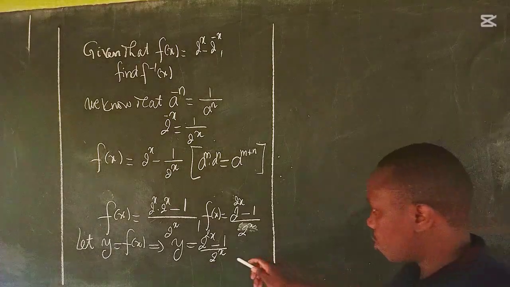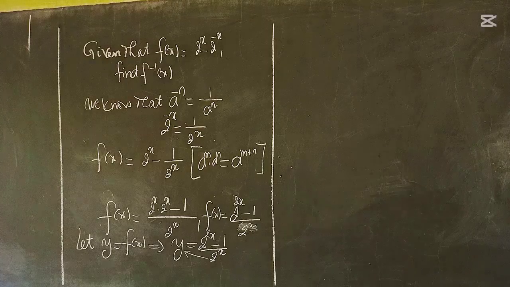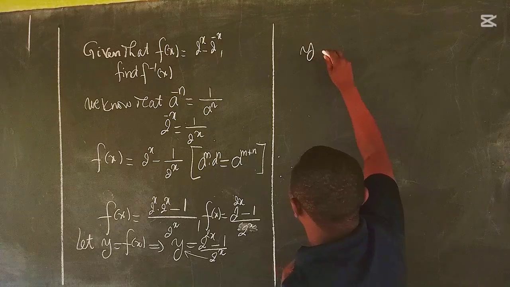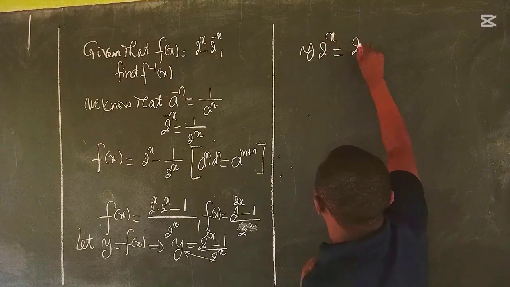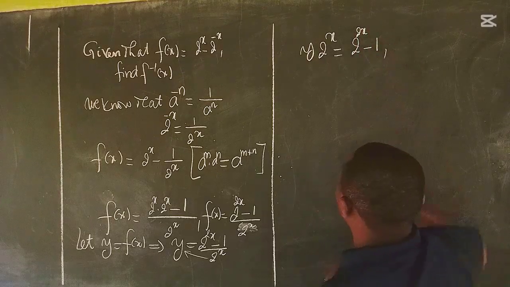We cross multiply so that y is multiplied by 2 power x. That is, y times 2 power x is equal to 2 power 2x minus 1.